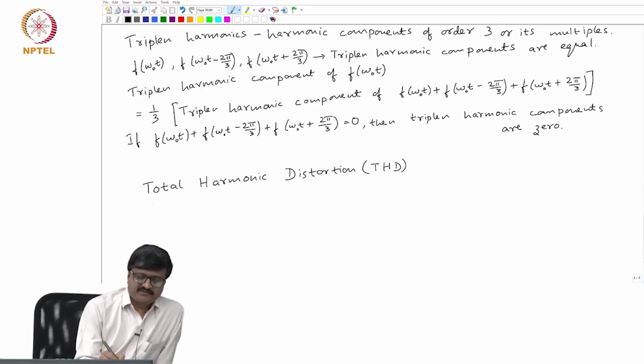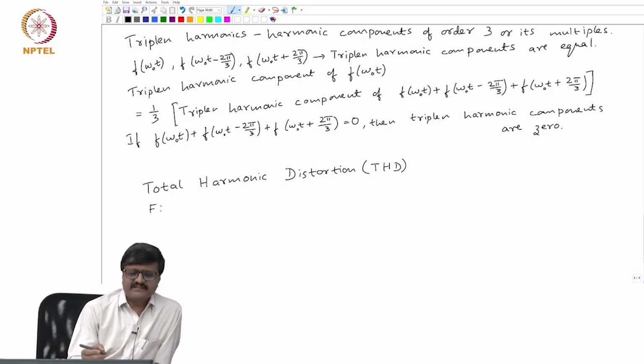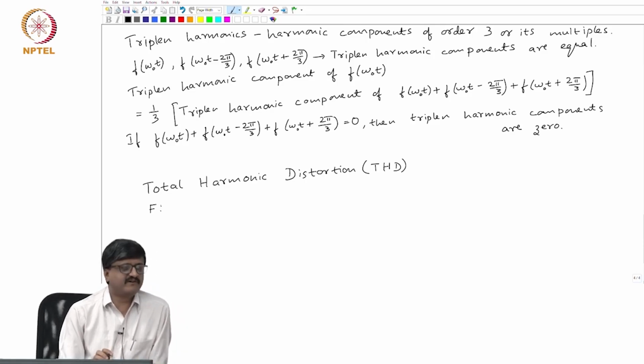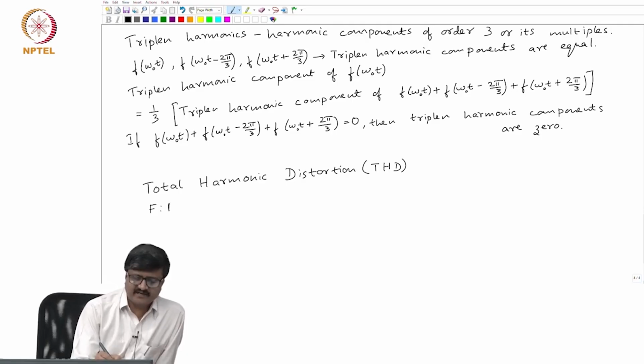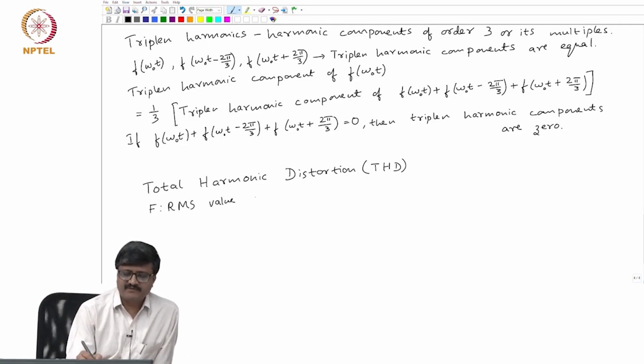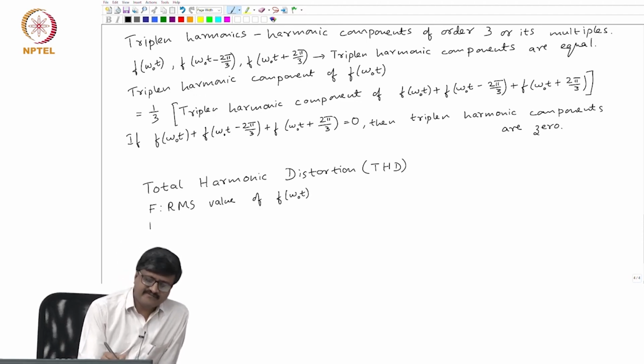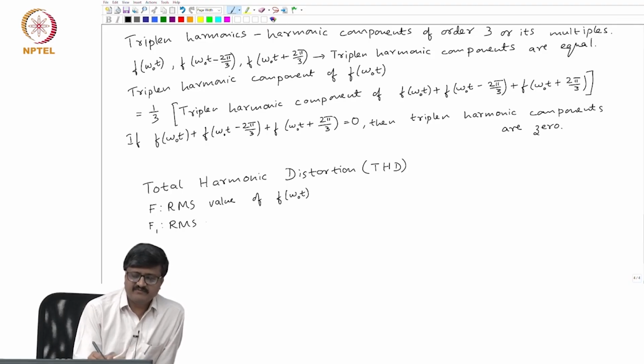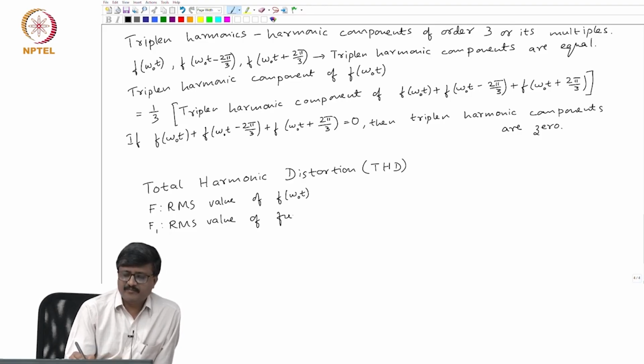So, suppose I use this notation F. Instead of using I or V for voltage or current, I am just using a general notation F, so that it is applicable for voltage or current. Suppose F is the RMS value of our periodic waveform f of omega o t, and F subscript 1 is the RMS value of the fundamental component of f of omega o t.